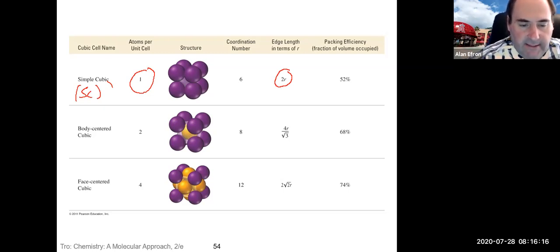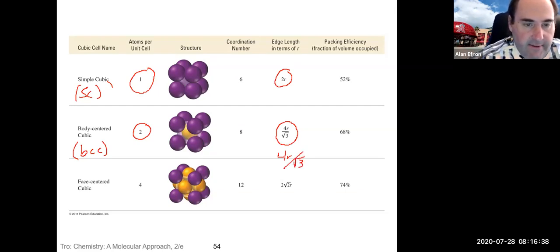A body-centered cubic cell, which is sometimes shortened to BCC, differs in that it has 2 atoms per unit cell. And the edge length is 4 times r, the radius, divided by the square root of 3.